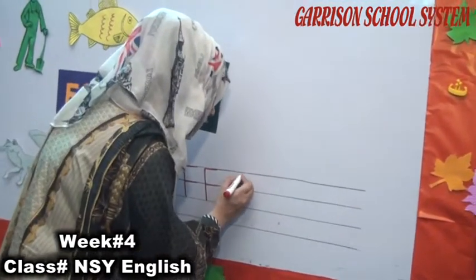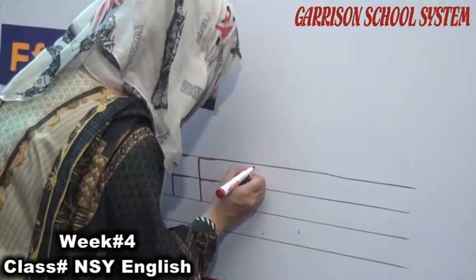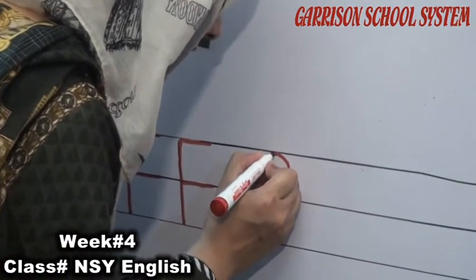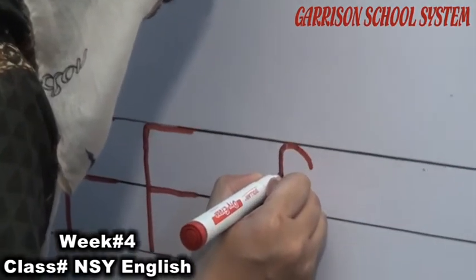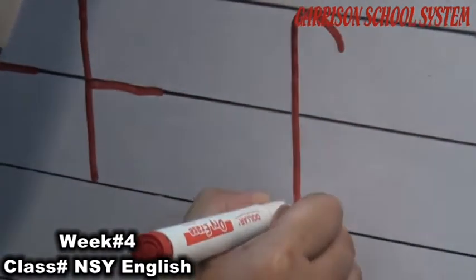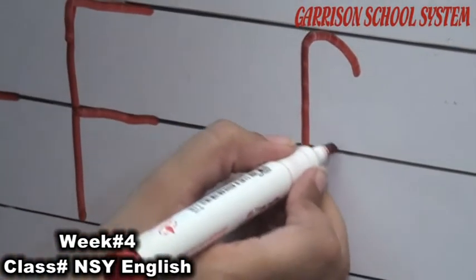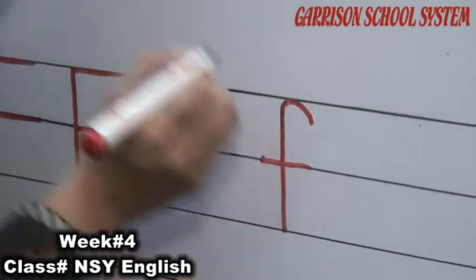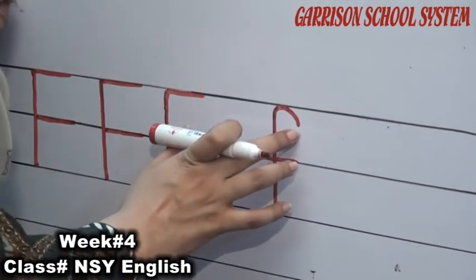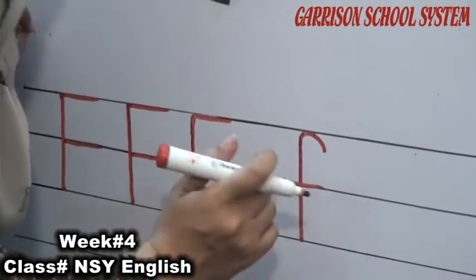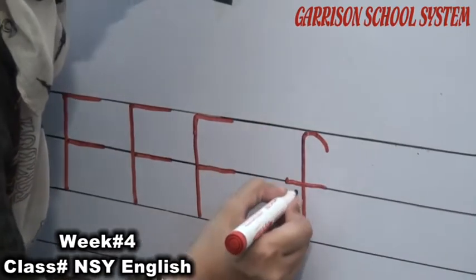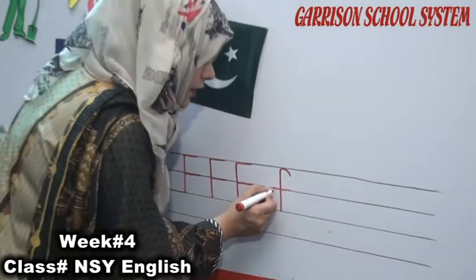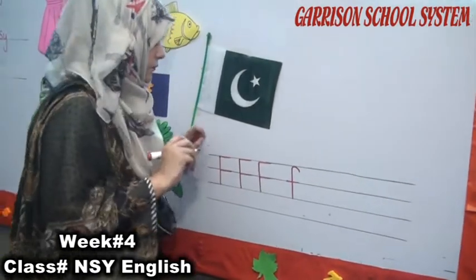Now we are going towards our lowercase letter. So first we draw a curve like this, and we go towards the standing pattern. We close this with one slip pattern. So basically first we need to draw a curve like this, and then we go towards a standing pattern and we close it with one slip.